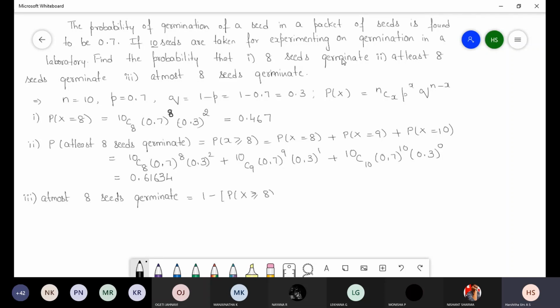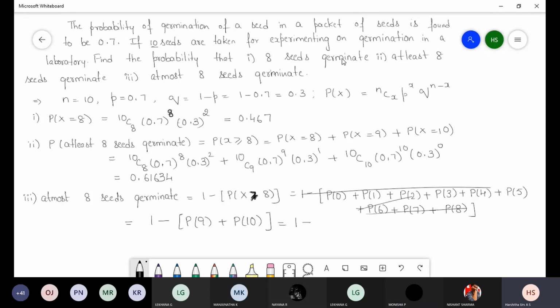So here we have to write 1 minus P of 0 plus P of 1 plus P of 2, P of 3, P of 4, P of 5, P of 6, P of 7 plus P of 8.